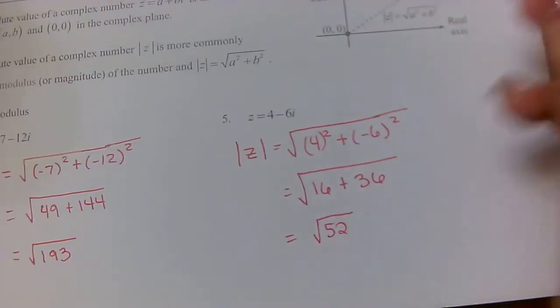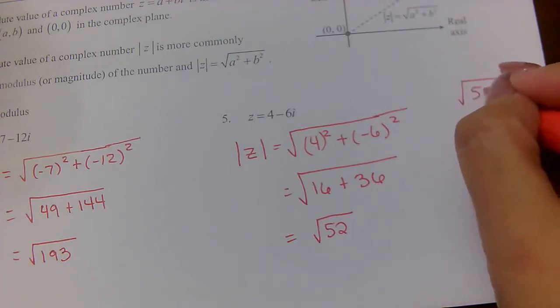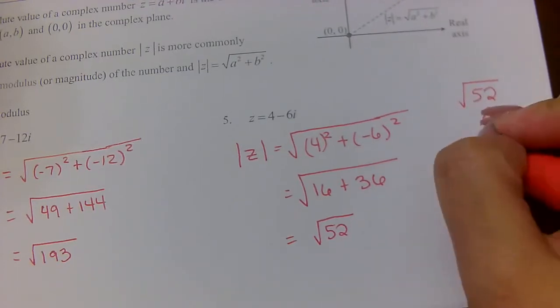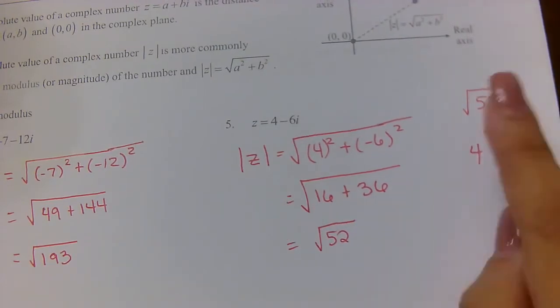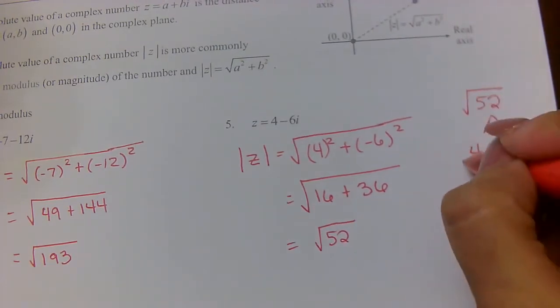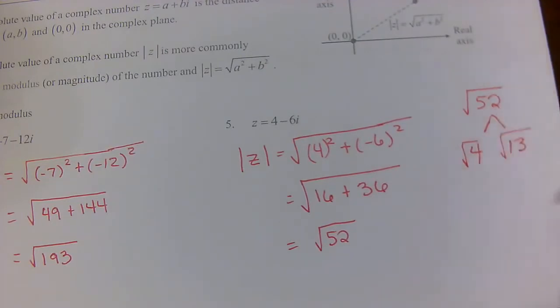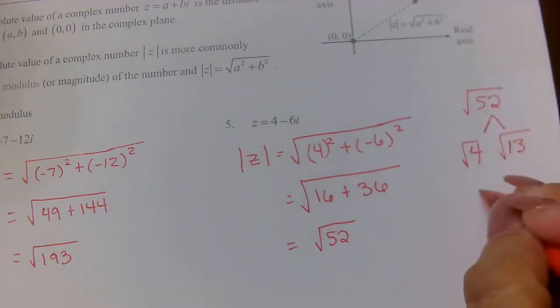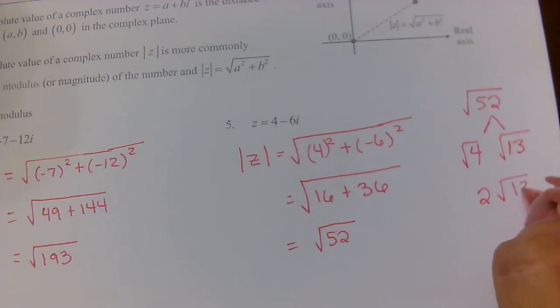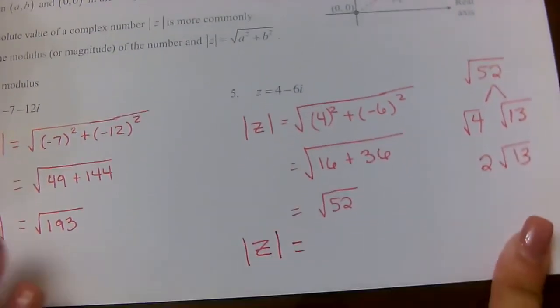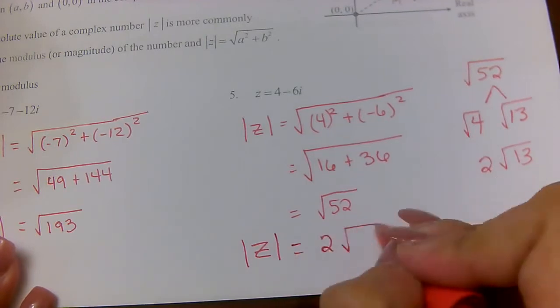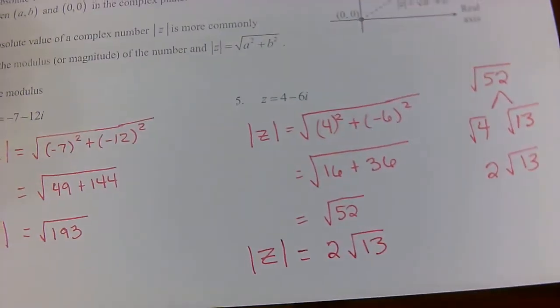The square root of 52 is the same thing as the square root of 4 times 13, so I can take the square roots individually. The square root of 4 is 2, and the square root of 13 stays the same. So the magnitude for number 5 is going to be 2 square root of 13.